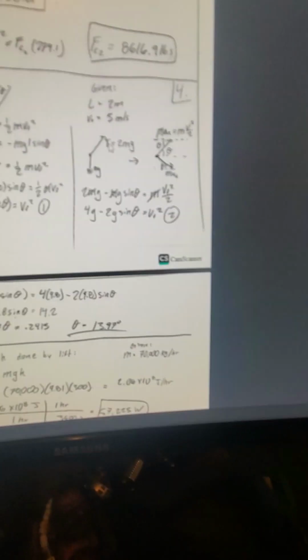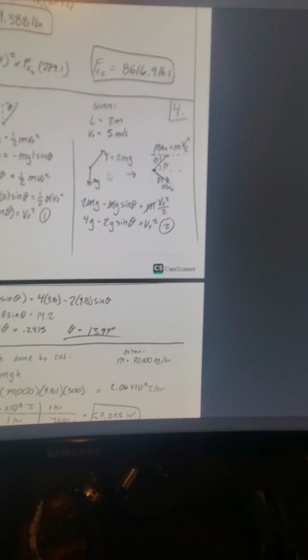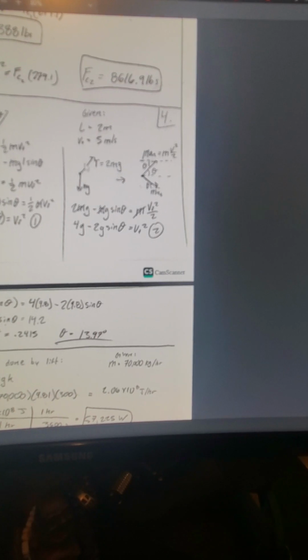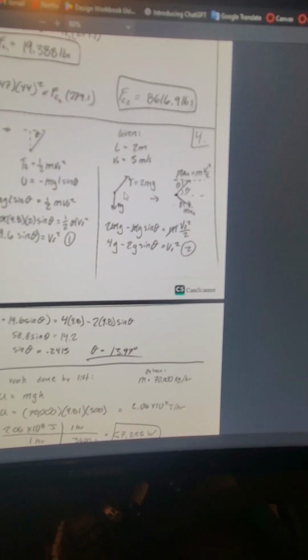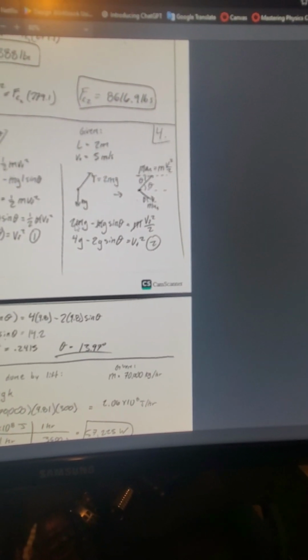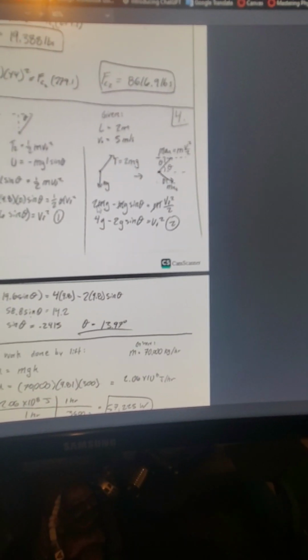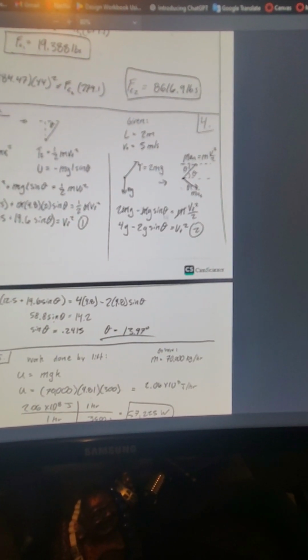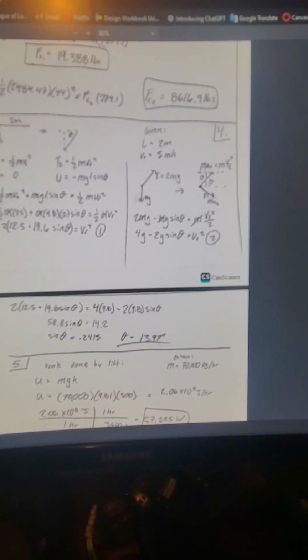So the net force is going to be the tension, and then this mg goes in the opposite direction of T. So we have the tension, and then we have the gravity that's in the opposite direction.